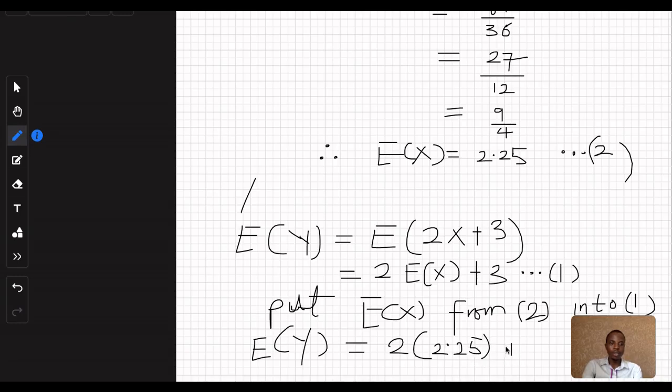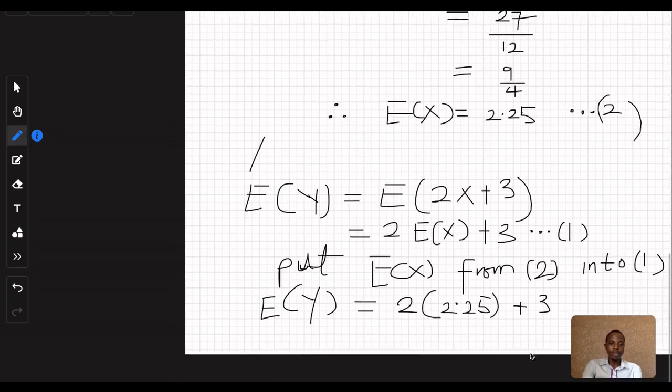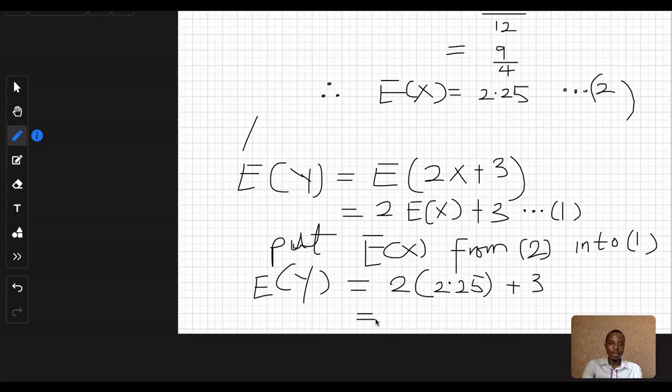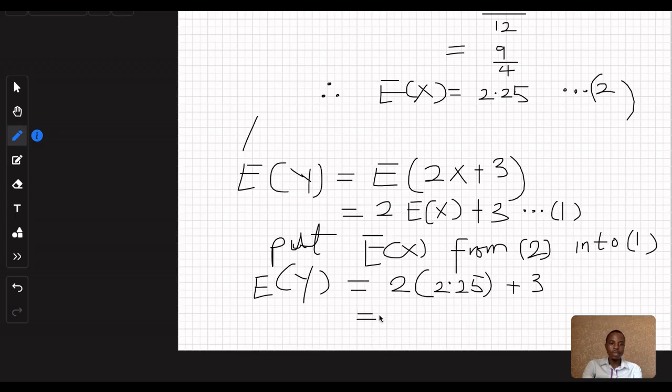It helps you with the decimal places and the others. So 2 multiplied by 2.25 should be 4.5.